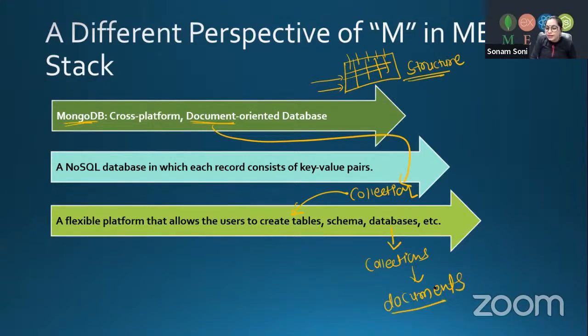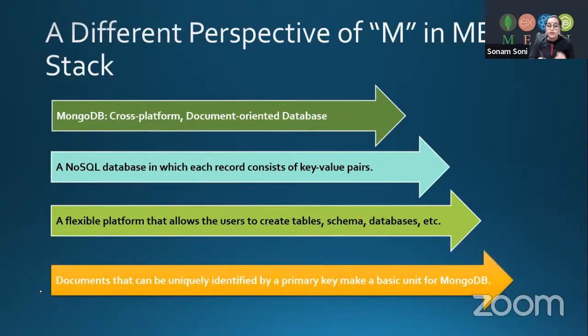Documents are the records. You can take a collection as a table, and collections are stored in the database. So if you know any tabular database, you can just replace table with collection and row with document. That is how you can understand the MongoDB database.